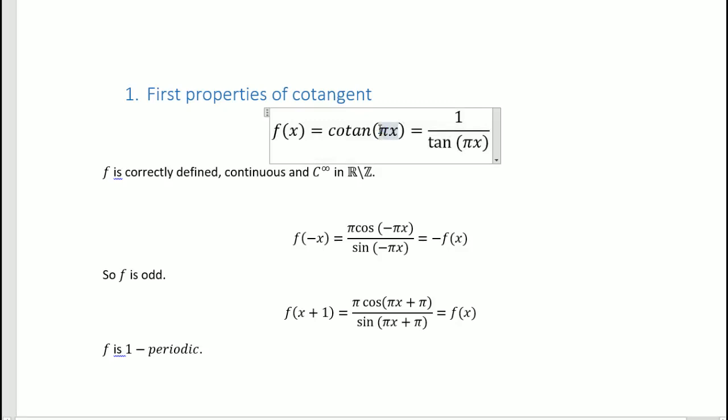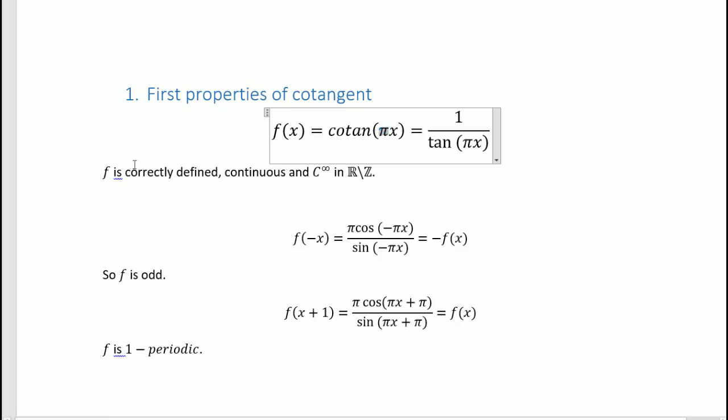It is because cotangent is not defined for pi times integers, but factorizing by pi makes it so that the function will not be defined for integers and not pi times integers.